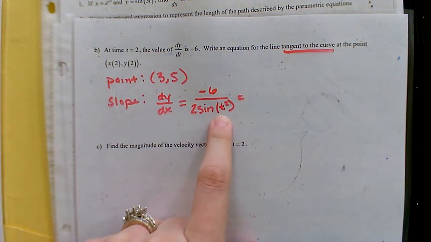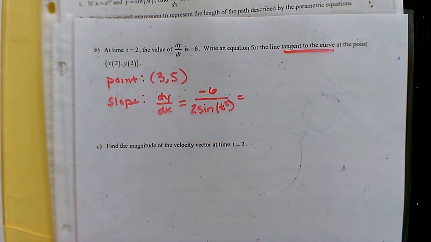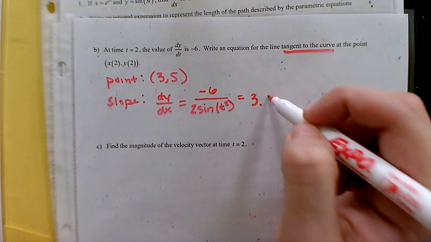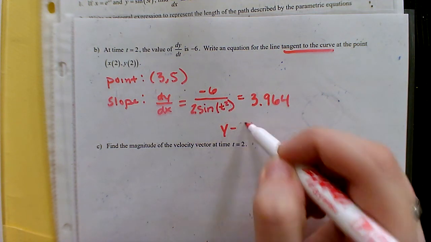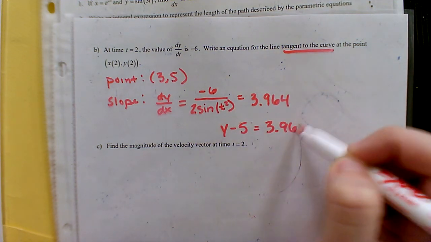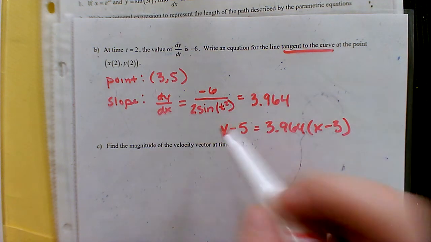So let's go ahead and plug in 2 for that t to get our overall derivative. 3.964. Okay, so equation would be y minus 5 equals 3.964 times x minus 3.